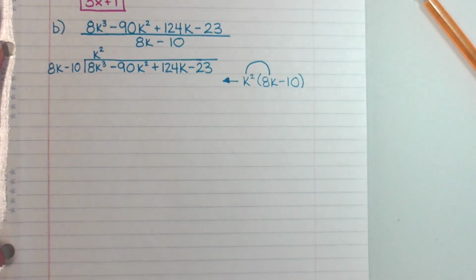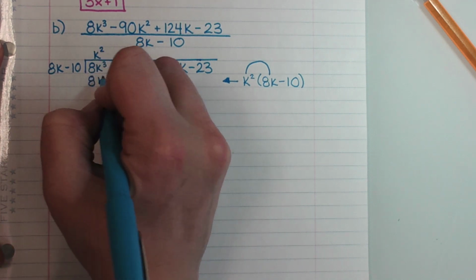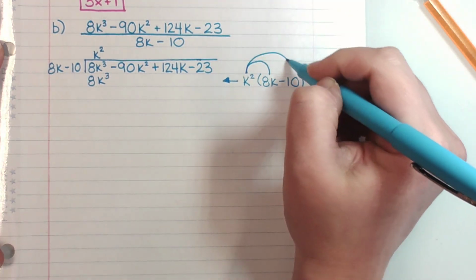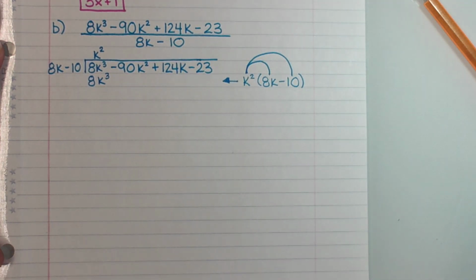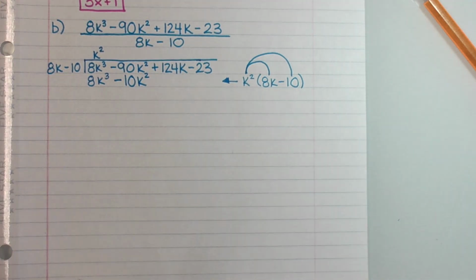K squared times 8k is 8k cubed. K squared times minus 10 is negative 10k squared. Figure out what multiplies, do the multiplication.